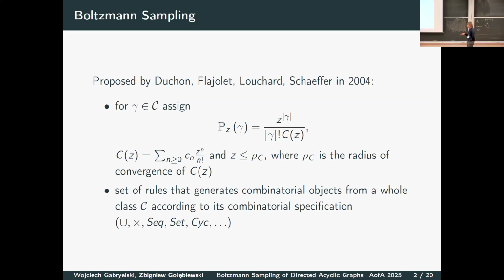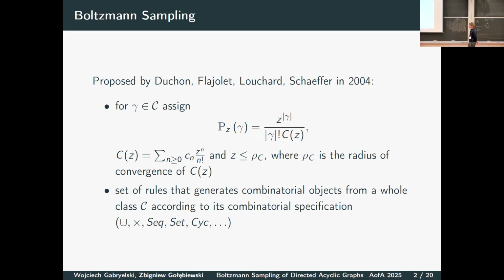Boltzmann model, which states that you give this parameterized probability of a given gamma structure with parameter z, which is just z to the size of the structure. Since we are in the labeled world, this is exponential, so we get the size factorial and also times the exponential generating function of those structures.